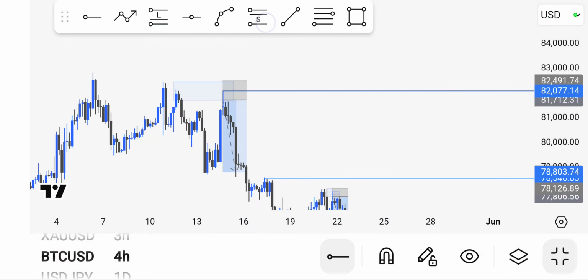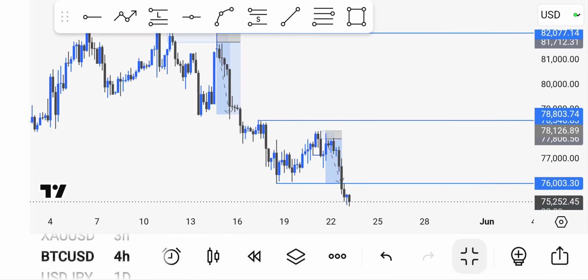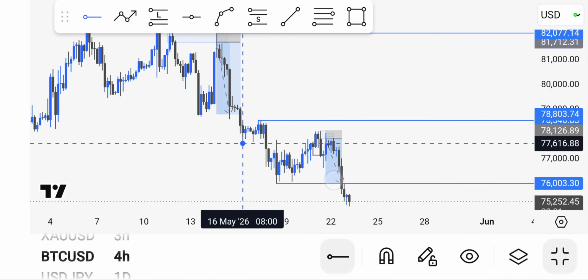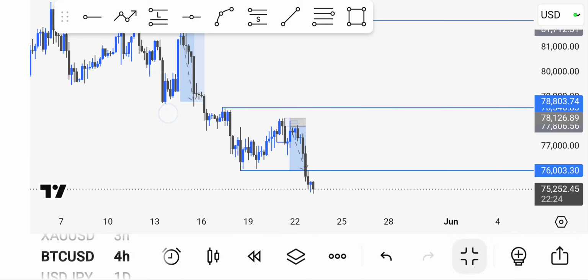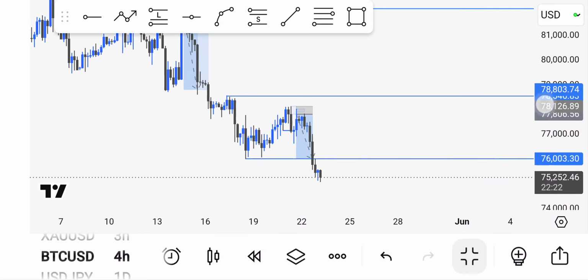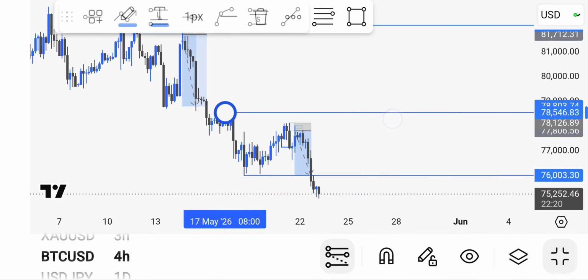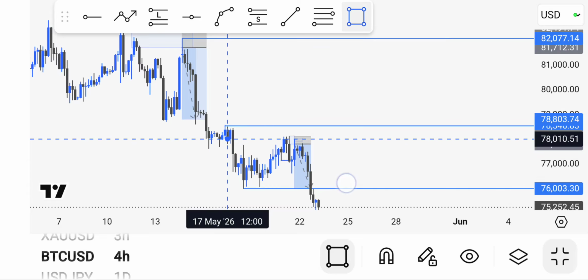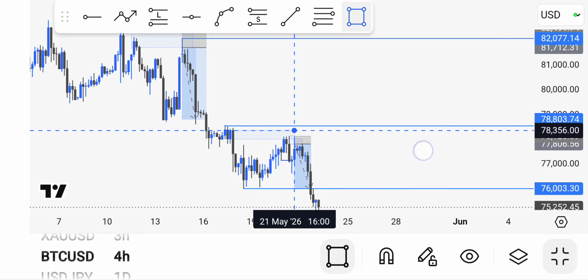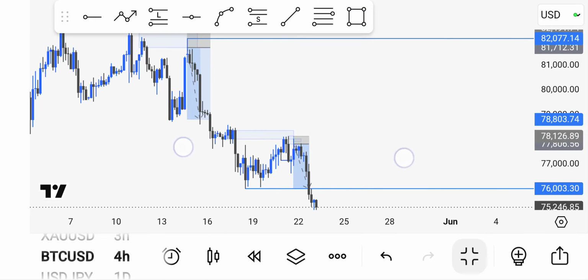So we have this high now and this low, which the market broke past immediately. I didn't care about it because I was unable to trade; the market was consolidating at that point. The next one we have is this high and this low. So where is our demand or supply level? We have this one to be our supply level.